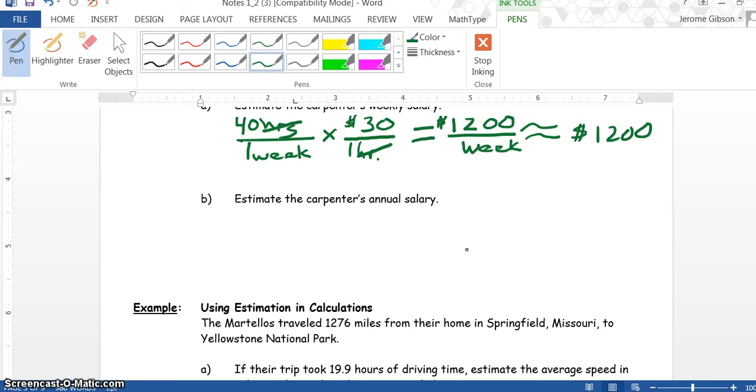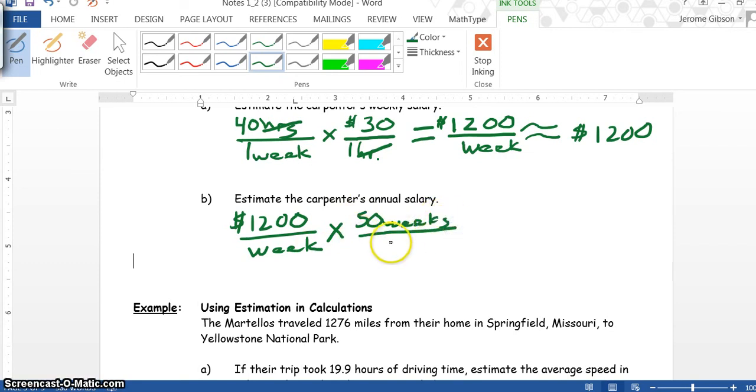For this example, we're going to use 50 weeks. First of all, we determined that the carpenter made approximately $1,200 a week. Now we're going to multiply that by 50 weeks, and that's for a year.